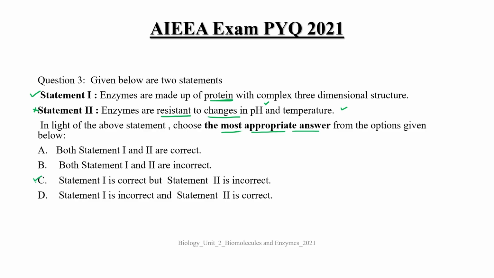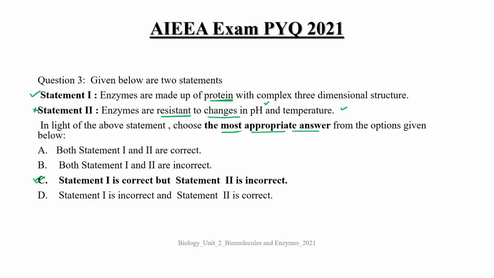Choice number 3 or choice number C is the correct answer, where statement 1 is correct: enzymes are made up of protein with complex three-dimensional structure. And statement 2 is incorrect, because enzymes are resistant to change in pH and temperature is a 100% wrong statement. So this is the correct answer.